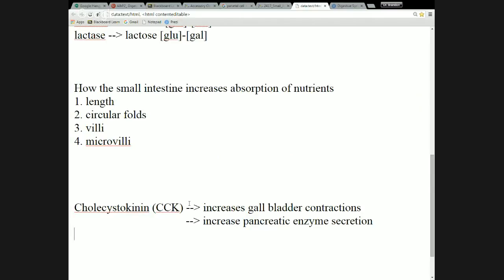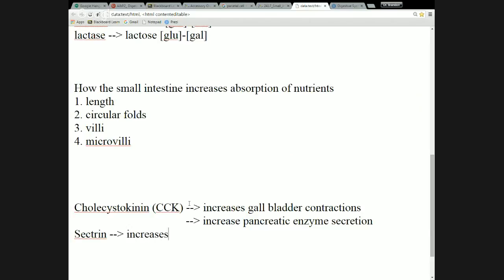Another important hormone from the duodenum that was mentioned briefly when I was showing you that stuff with the intestinal phase, secretin, will be released in response to the pH of what's being released from the stomach.